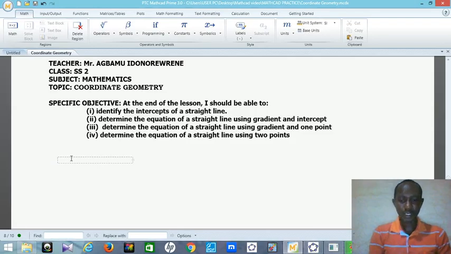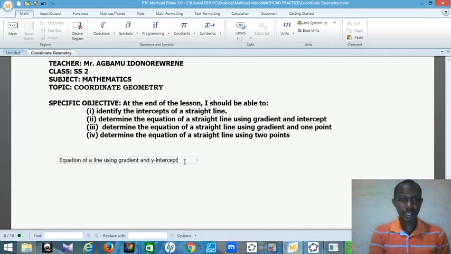So if I want to find the equation of a line whereby gradient is given and intercept is given, how do we do that? So equation of a line using gradient and y-intercept.